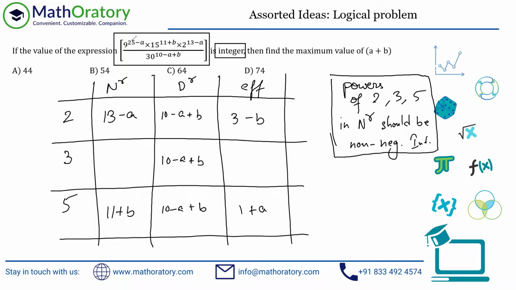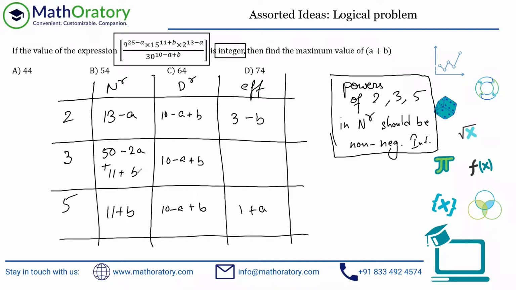So with 25 minus a, that will be 50 minus 2a, the number of threes from 9. But the 15 also has some threes in it, as many as there are 15s, because 15 is just 3 into 5. So if I have 7 powers of 15, I'll have 7 powers of 3 and 7 powers of 5. So 15 will have that many powers only. So just another 11 and another b, right?